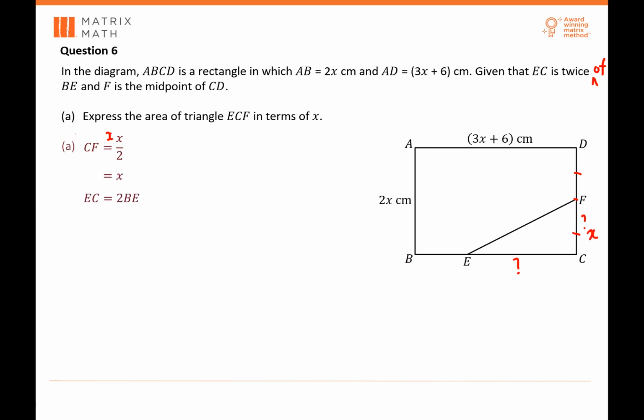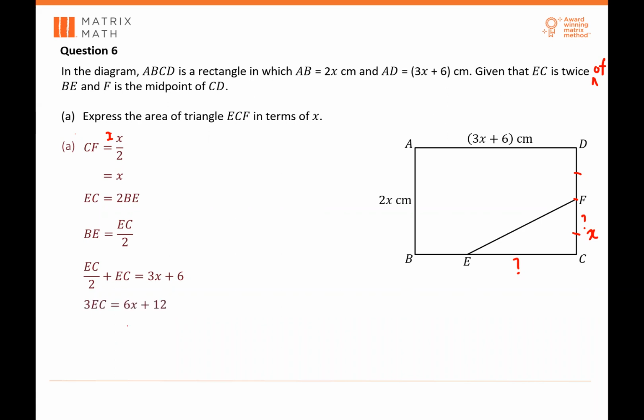And then my EC is 2 of my BE. Because EC is twice of BE, which means that BE will be EC over 2. Actually, for me, I can just straight away find 2/3 of 3x plus 6. But over here, they do this solution. So EC over 2 plus EC is 3x plus 6.